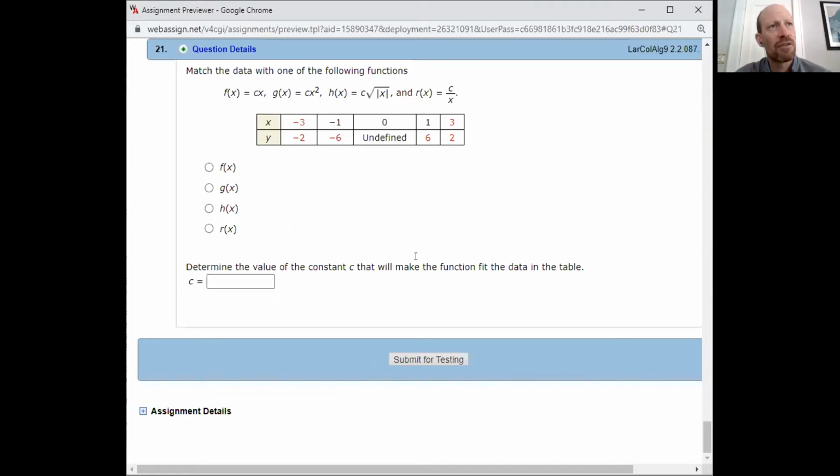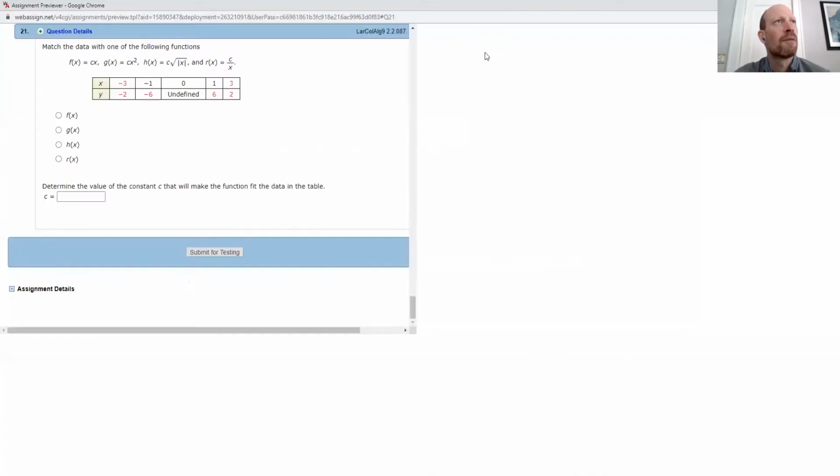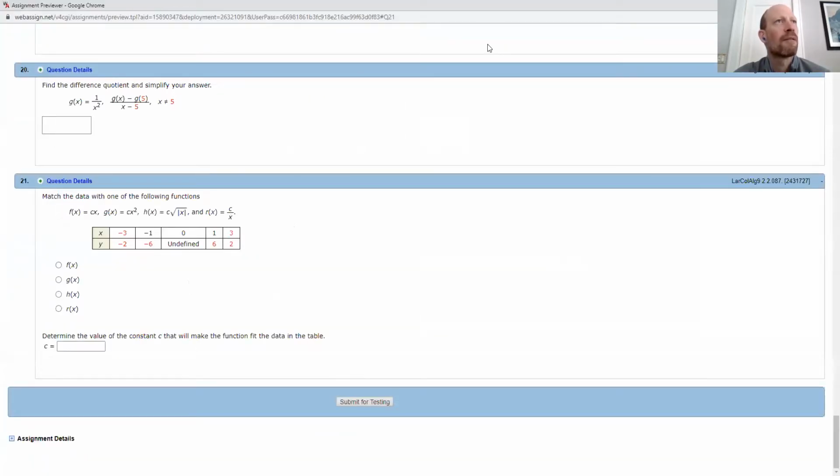And then to make the function fit the data, I just have to pick one of these other values and put in x. Just put in like this one. If I put in x for 1, then that should equal 6.